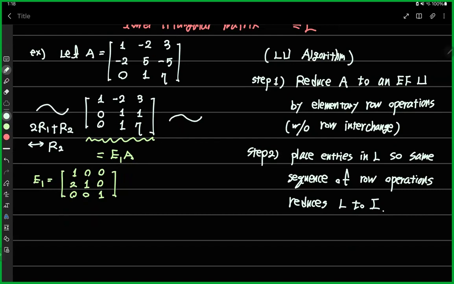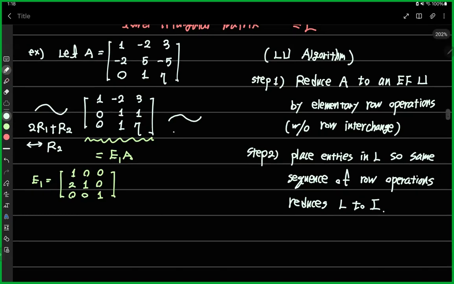So applying step 2 in the algorithm is much easier than doing this one. So now what are you going to do? We need to make the 1 in the third row 0, right?